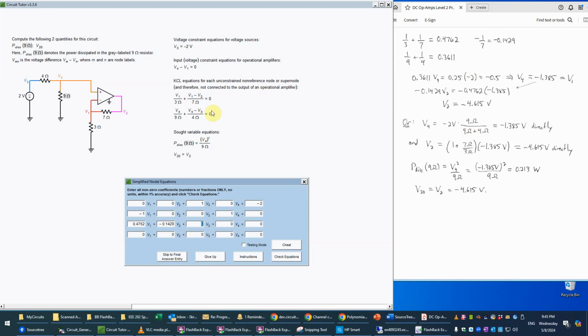Okay, then for the last equation, for V4, we have 1/9 plus 1/4, and that, again, on a calculator is just 0.3611. Just 0.25 plus 0.1111, which you can probably do in your head. And so that's the coefficient of the V4.